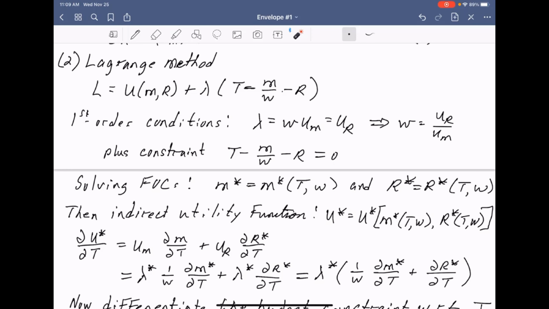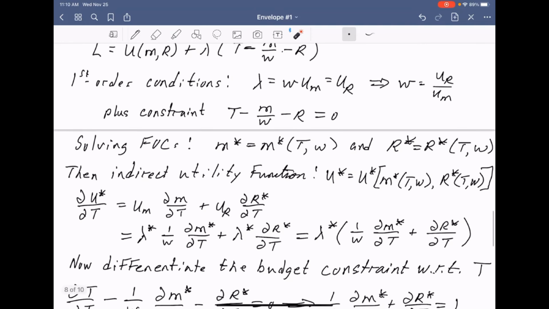Solving the first order conditions, we get that income is a function of time and w, and time is probably fixed, and that leisure is also a function of t and w.